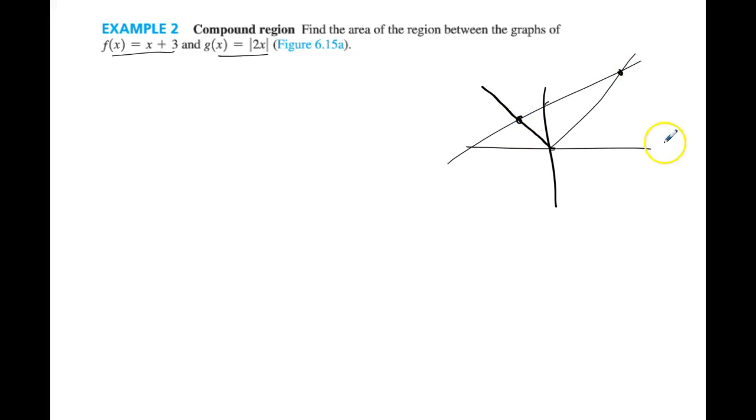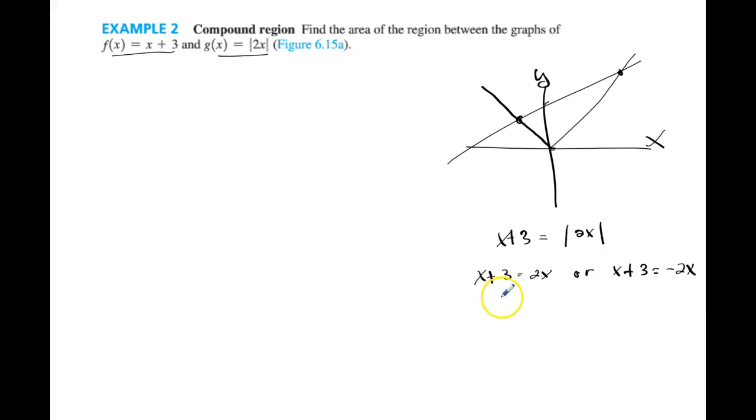So to find those points of intersection, I'll set the two functions equal to each other again. And if you remember, for absolute value, it's either that value or it's the opposite of that value. And I could put the negative on either side here.